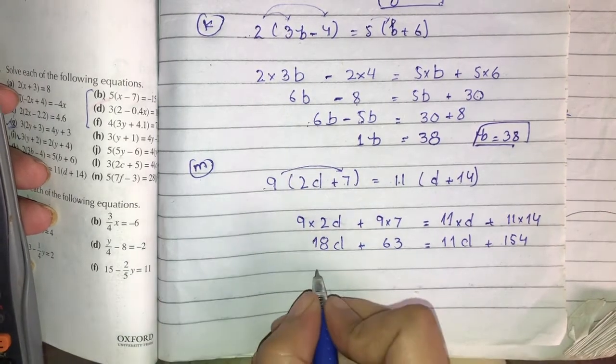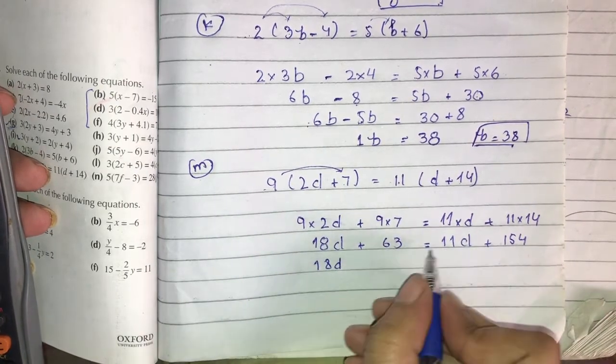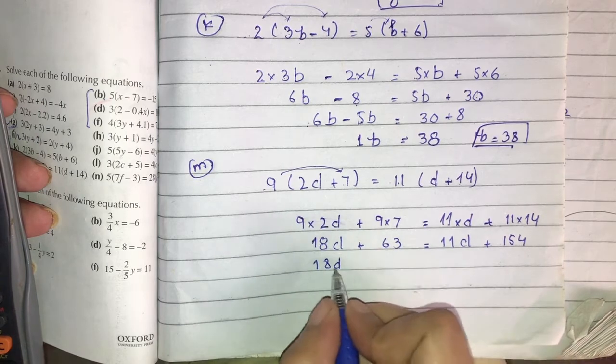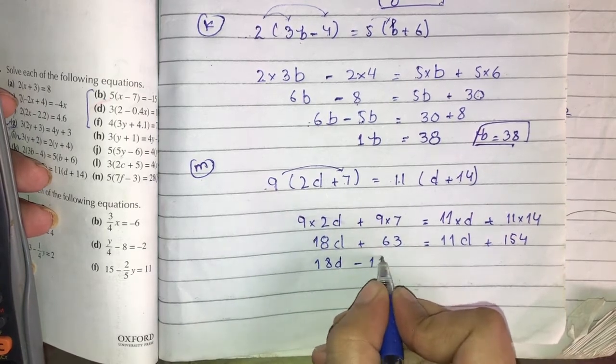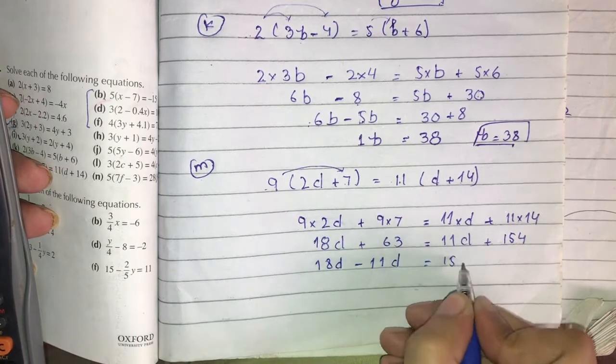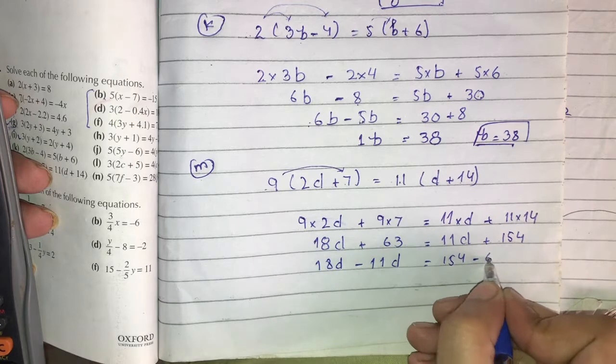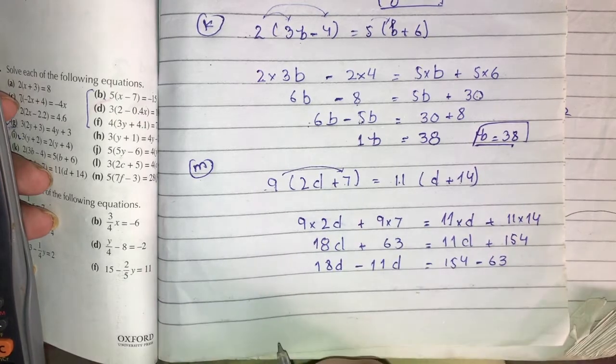Now we combine like terms, just like 18d with plus 11d. When we shift it with 18d, it will be minus 11d equal to 154. There is plus 63. When we shift, this is minus 63 after shifting.